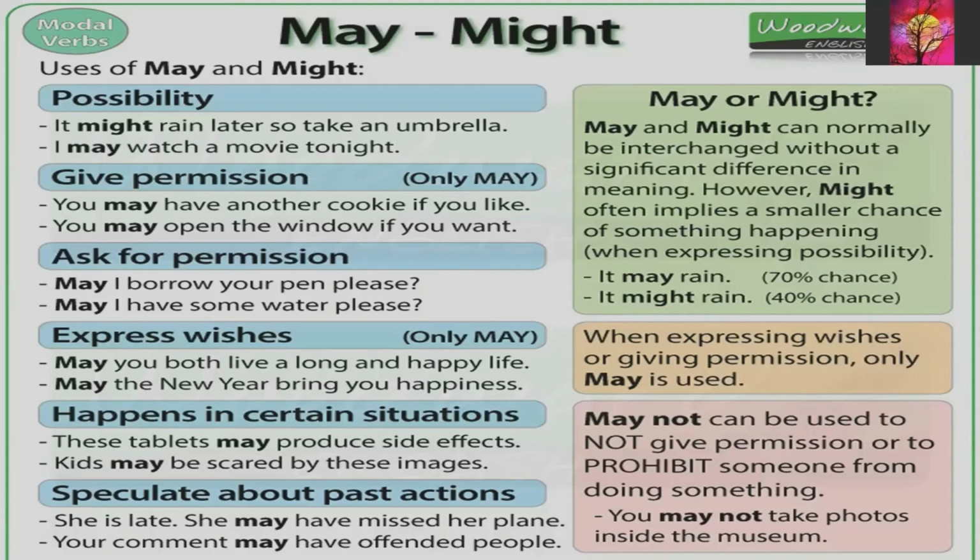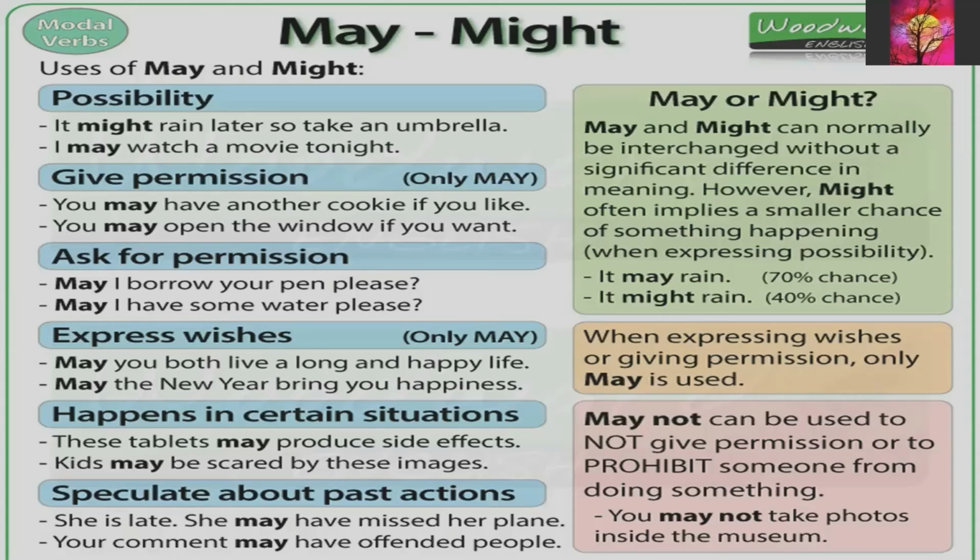So there is a greater possibility. But when I say it might rain, then there is only a 40% chance and there is a lesser probability. So when there is less chance of it happening, you can use might. And when there is a greater possibility of it happening, you should use may. Similarly, whenever you are expressing any wish or giving permission, you can only use may. Here, you cannot use might.